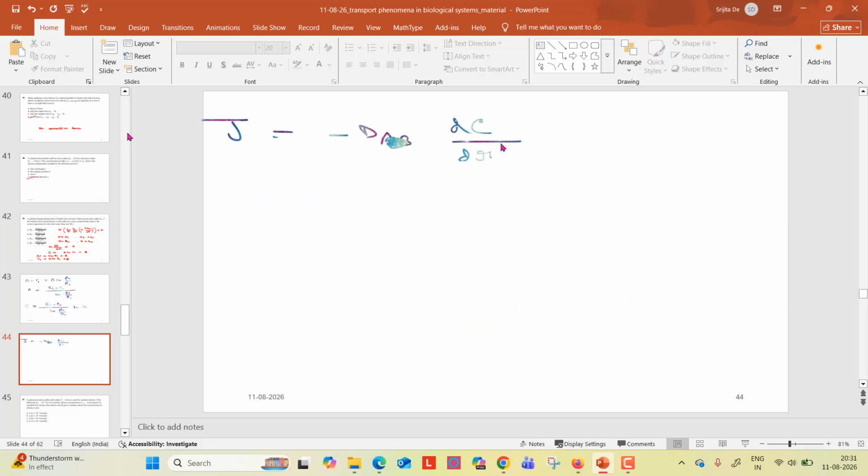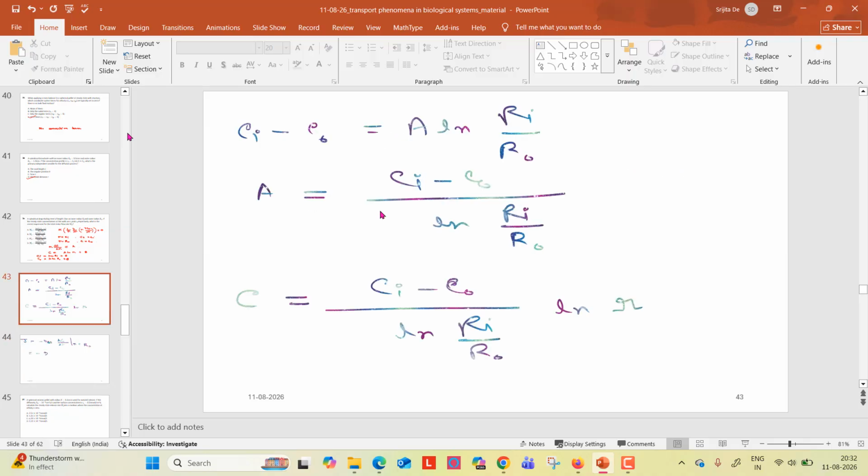At r equals Ro, minus D dC/dr will come from here: Ci minus Co by ln Ri by Ro, and ln r means 1 by r.